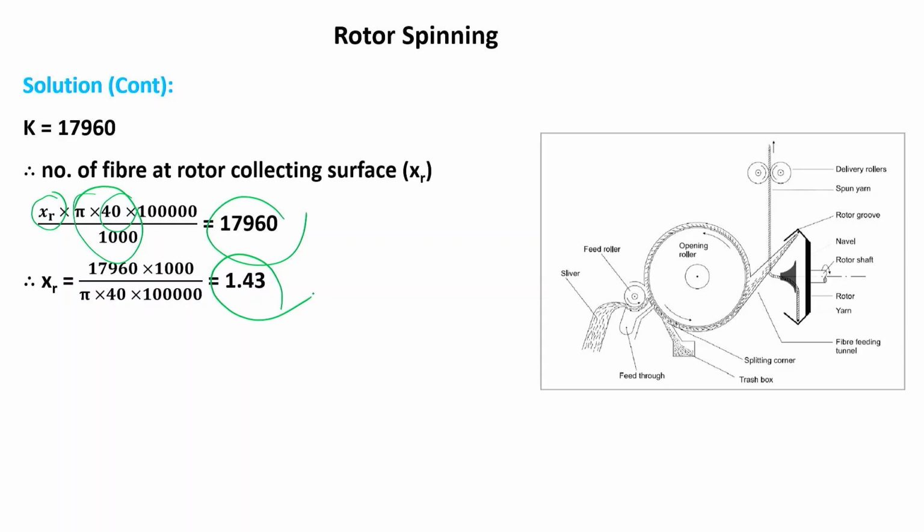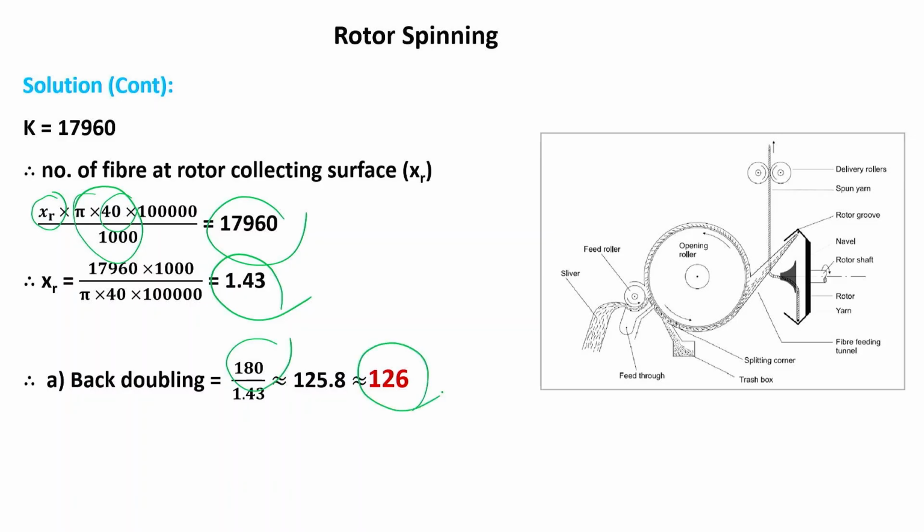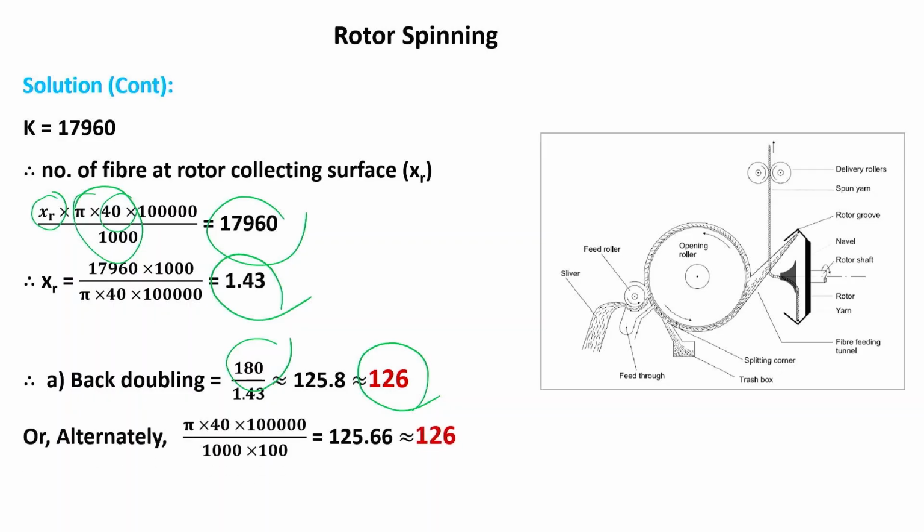So, 1.43 fibers are there in the rotor groove, and in the yarn cross section we have calculated 180 fibers. So, back doubling is calculated as approximately 126.